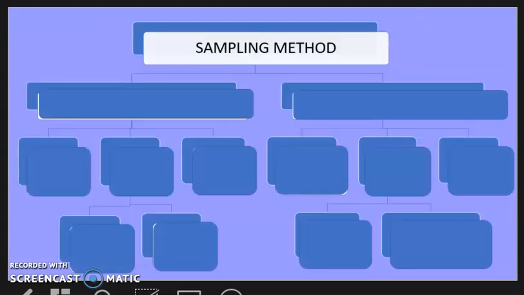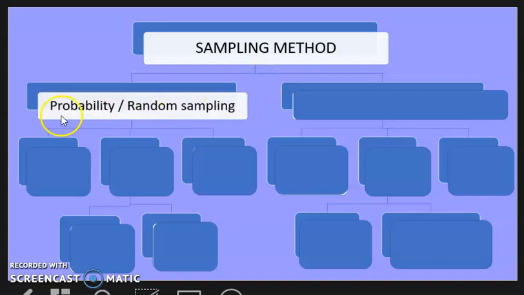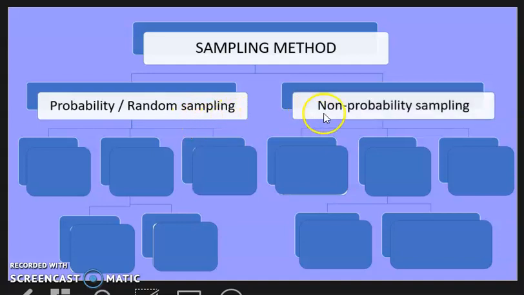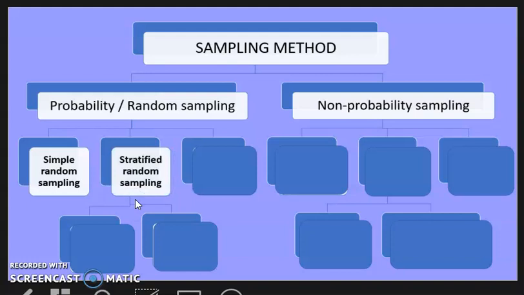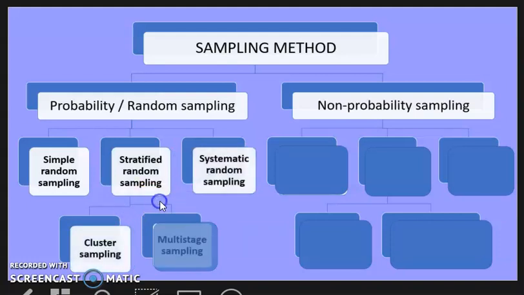Okay, so before we go to the sampling method for a survey, let us do a quick revision on the different types of sampling method. Generally, we can divide into probability or random sampling, and the other type is non-probability or non-random sampling. What are the different types of random sampling? We have simple random sampling, stratified random sampling, systematic cluster sampling, and also multi-stage sampling.